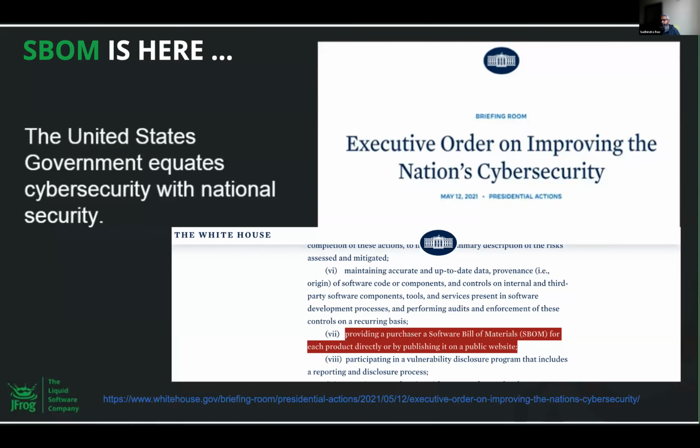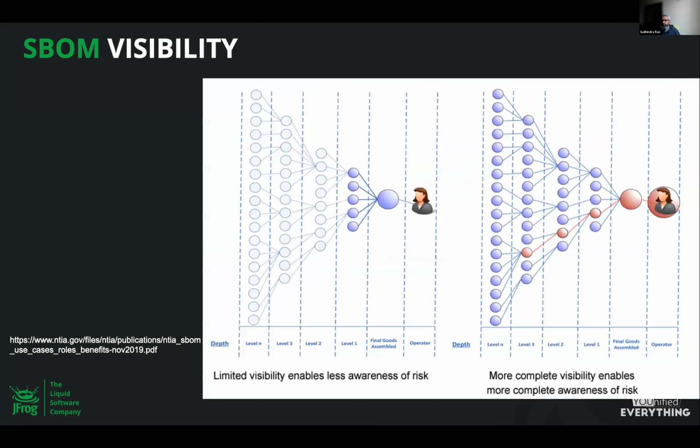And with the SBOM here with the United States executive order, we absolutely need to have visibility into our SBOM and all the dependencies that it brings in, meaning a complete visibility will enable you in terms of risk awareness. And you need to have a tool that gives you the ability to decompose and look at every level of the piece of software that's involved.